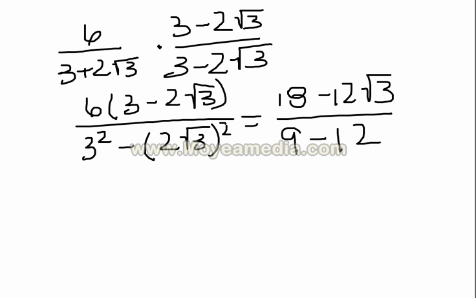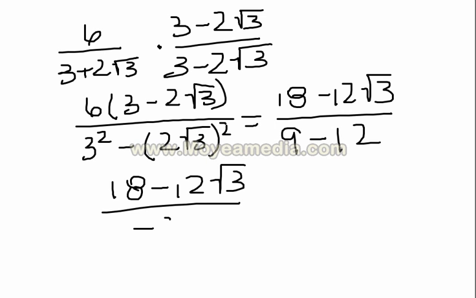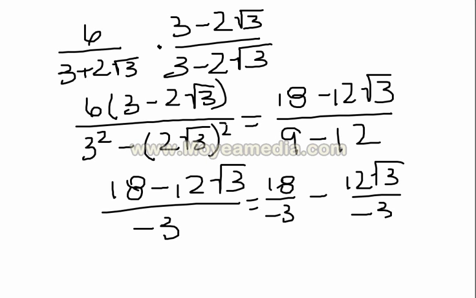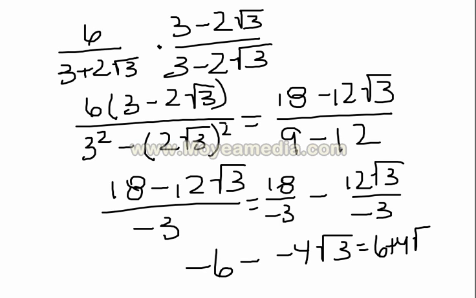So then I get (18 − 12√3) over −3. And I'm going to separate that into two fractions. That's like 18 over −3 minus 12√3 over −3. So that gives me −6 minus −4√3, which really is just 6 + 4√3.